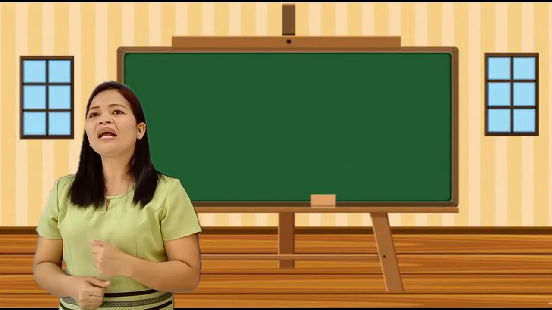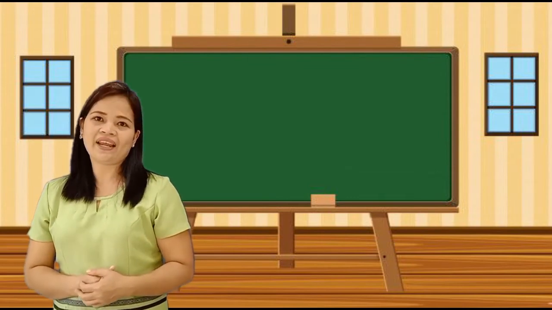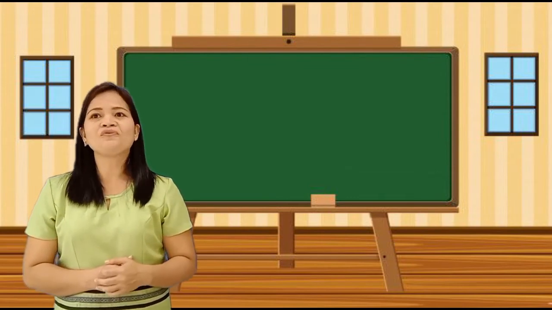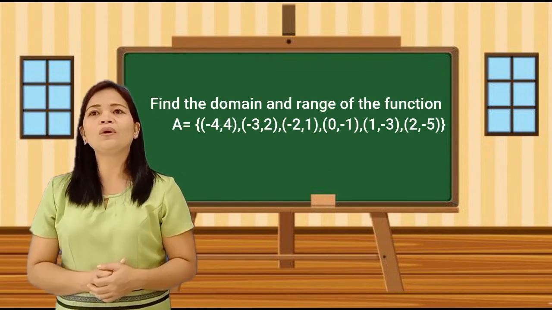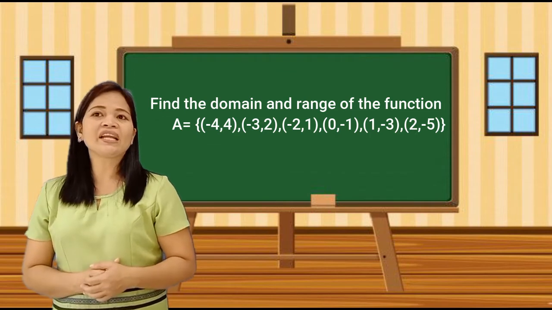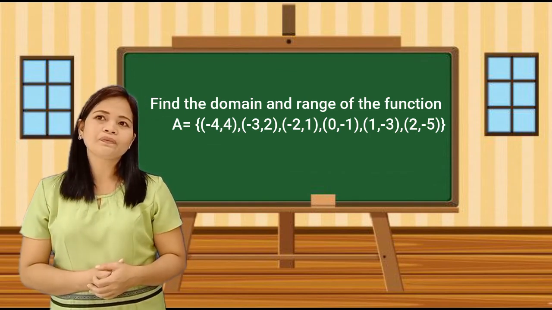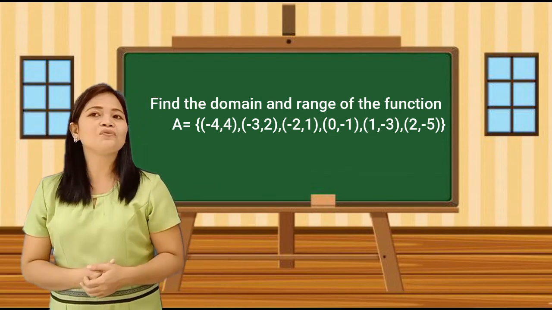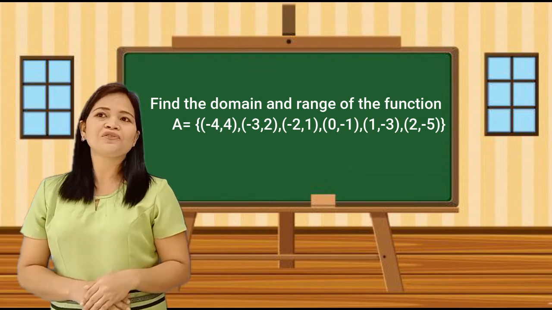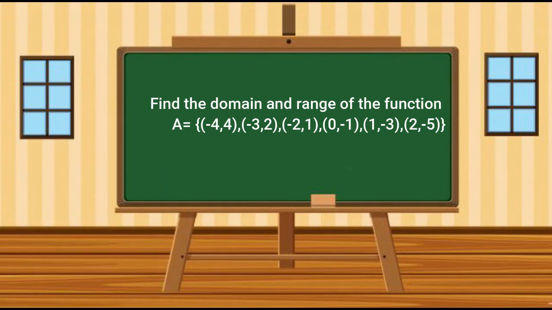At this time, let's proceed to the next concept which we have to learn for today. On your paper, find the domain and range of the function A equals the ordered pairs (negative 4, 4), (negative 3, 2), (negative 2, 1), (0, negative 1), (1, negative 3), and (2, negative 5).